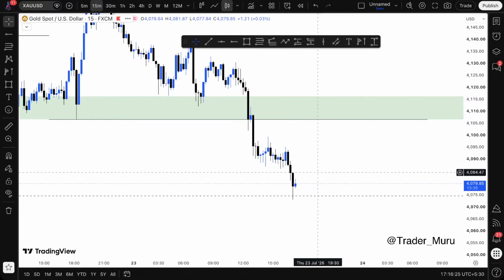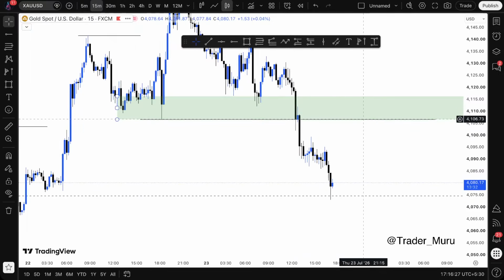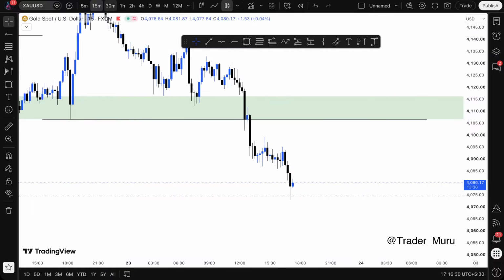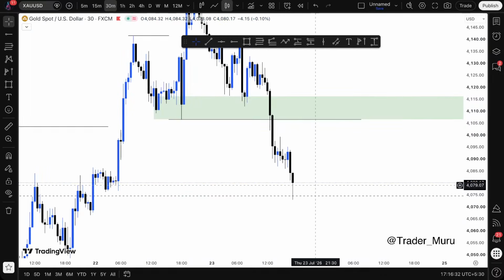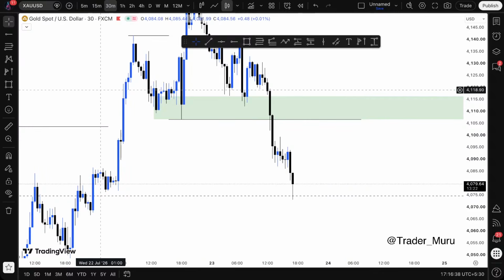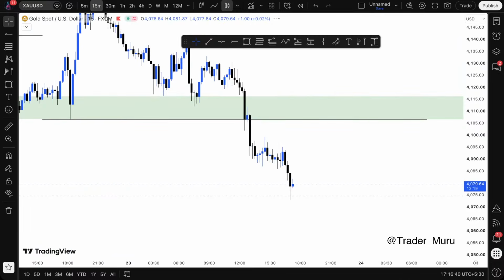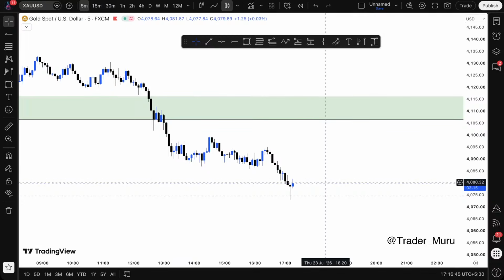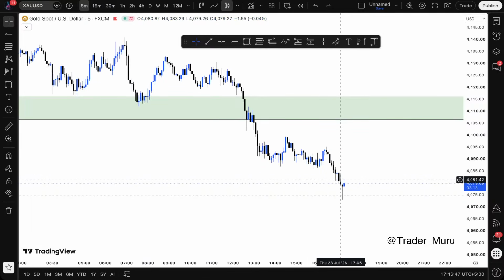If this high breaks, you can take a long. Five-minute is already rejecting.